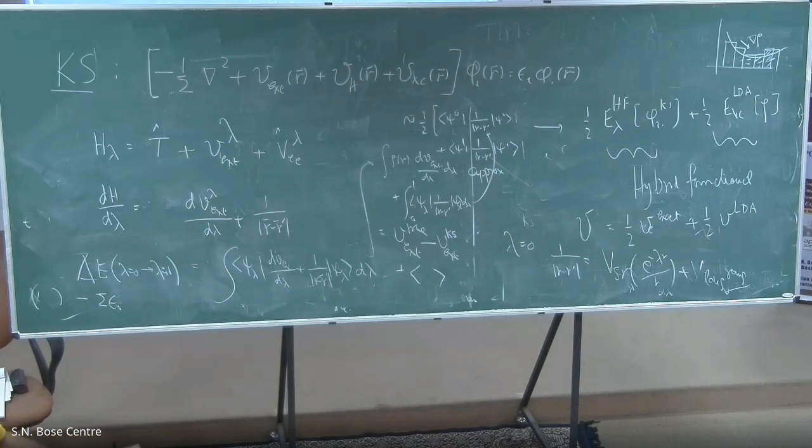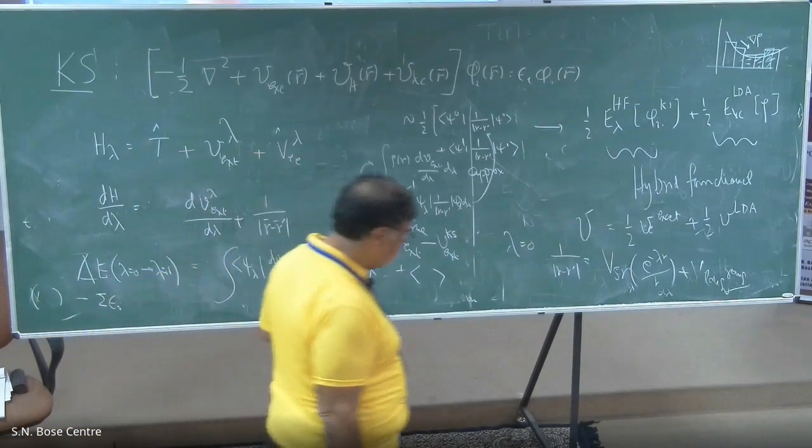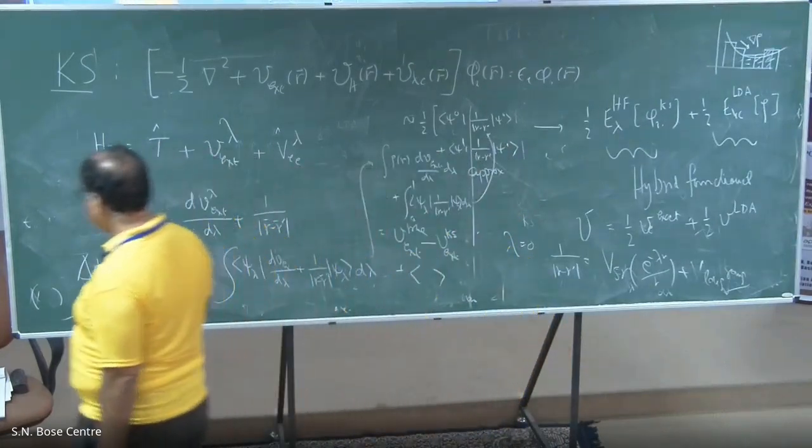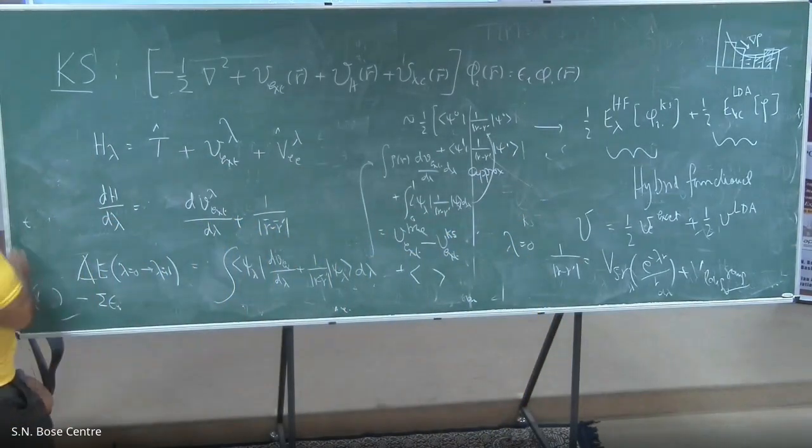For short range, you use the approximation; for long range, you use Hartree-Fock. These are different techniques that you can use. Now, how does knowing exact answers come in handy? How do I fix this parameter?